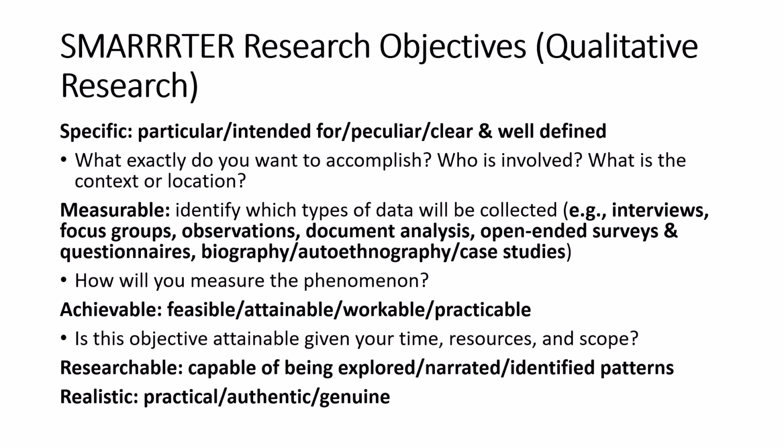Because when we talk about measurable, we are looking at types of data that will be collected through what? Interviews, focus groups, observations, document analysis, open-ended surveys. In quantitative research, you can have open-ended if you are using mixed methods, okay? So you have both closed, structured, and open-ended. But basically, in qualitative, you have open-ended.